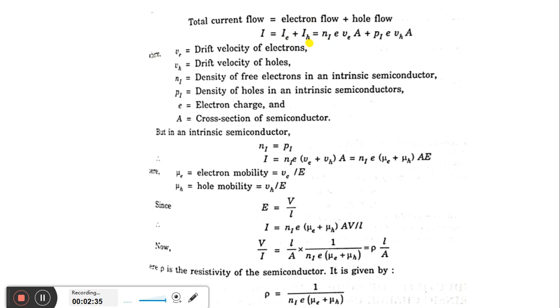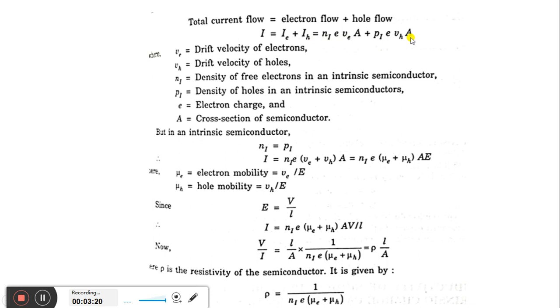And in the previous class we have derived the relation for the current flow in a conducting material if you apply a potential V, in terms of the drift velocity, area of cross section and charge density. The same formula we have written here: for the electron flow it is I E equals Ni e VE A, and for the hole current we have written Pi e VH A.